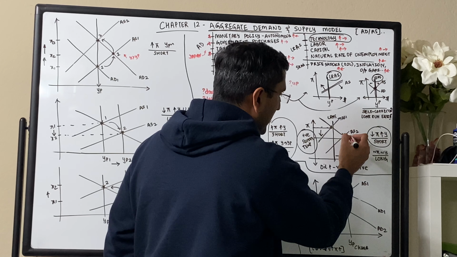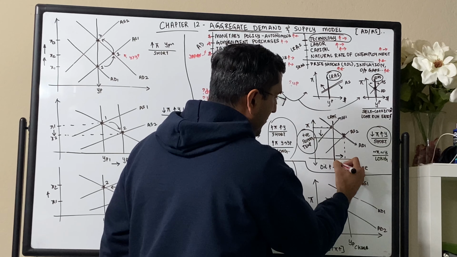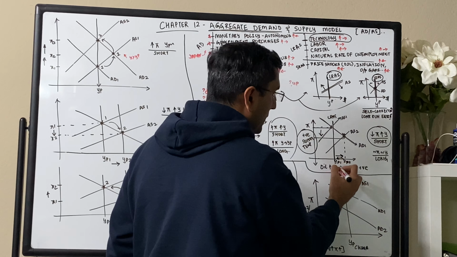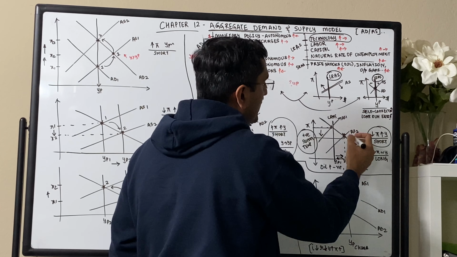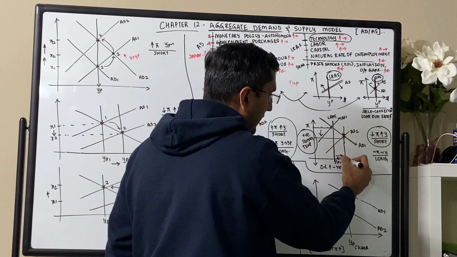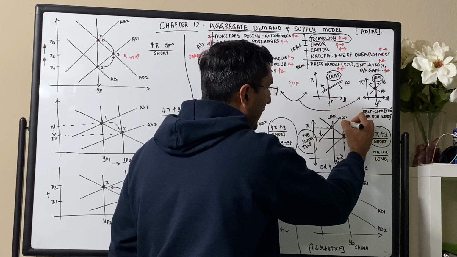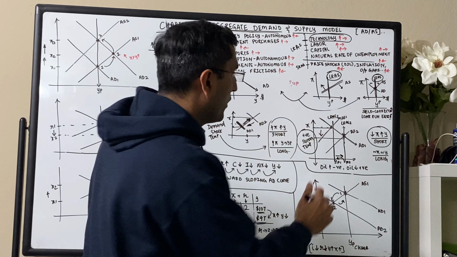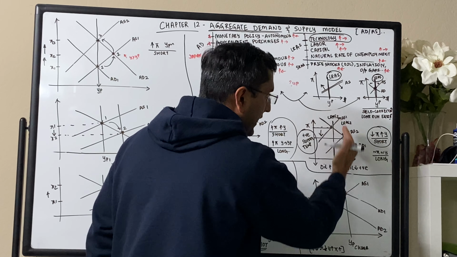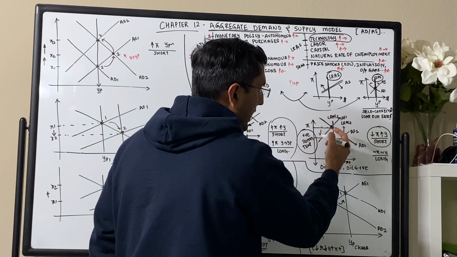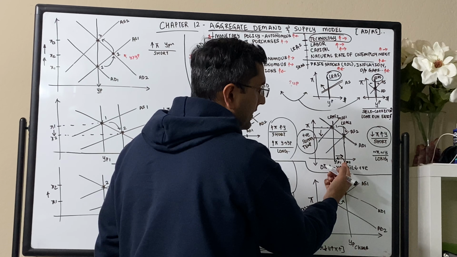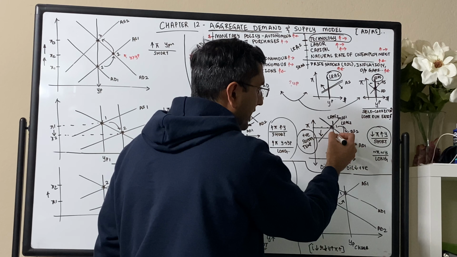So instead of just temporarily moving from YP to YP1 to YP2 and then coming back to YP1, what happens with this long range technology positive shock is that the entire aggregate supply moves from LRAS1 to LRAS2, which we will see here. But you saw how, without those long range changes, it moves from here to here, but then given the economy is running hot, it will eventually move back here.